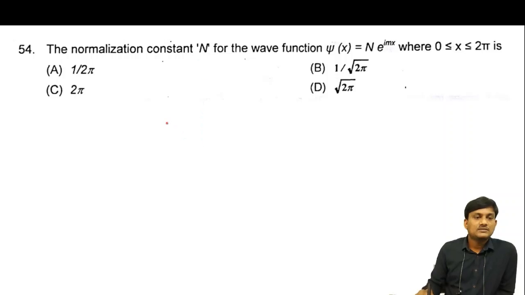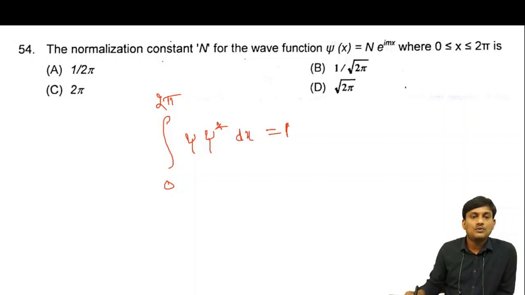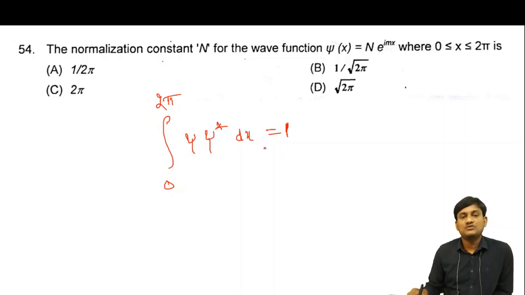Here the limits are 0 to 2 pi, and you have to take the integral of psi star psi dx, which should be equal to 1. This is the condition for normalization.